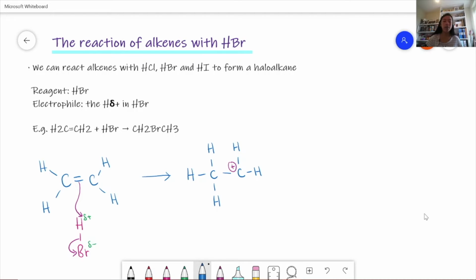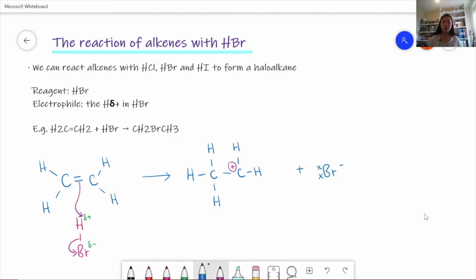And also the bromide ion is formed because the electrons from the original HBr bond have moved towards the bromine and so made it into a negative ion. And this negative ion has a lone pair of electrons, and so it attacks the positive carbocation because the carbon is positive.